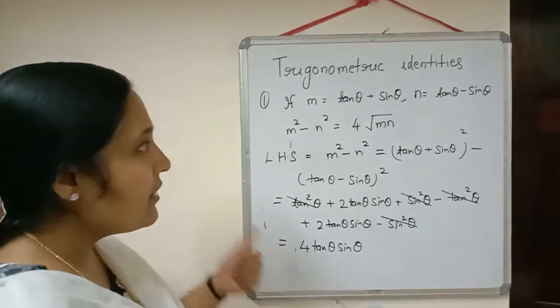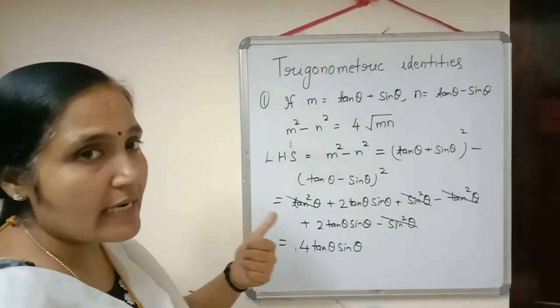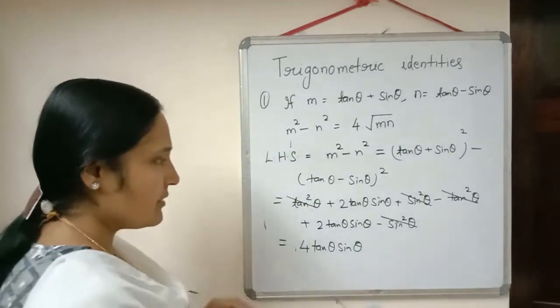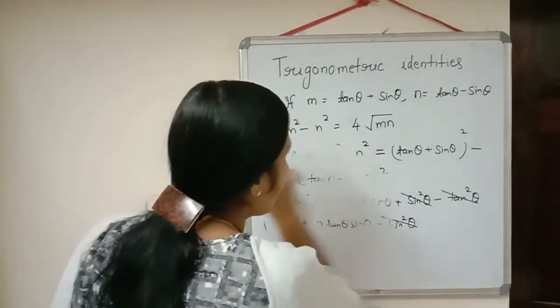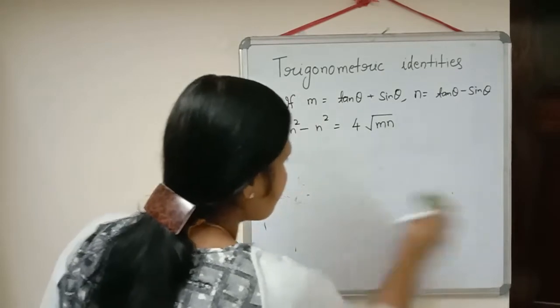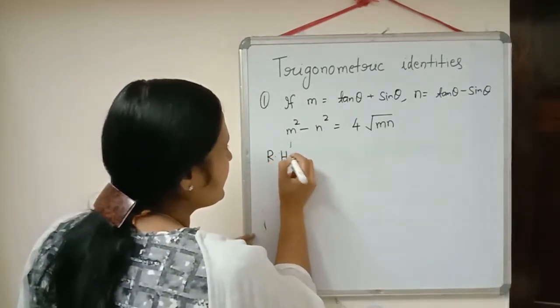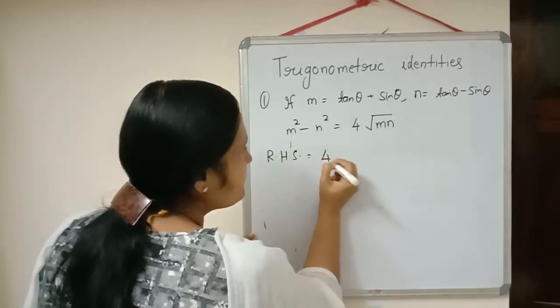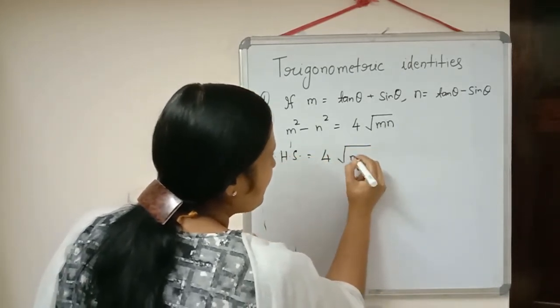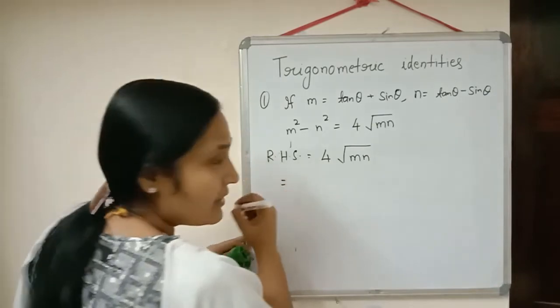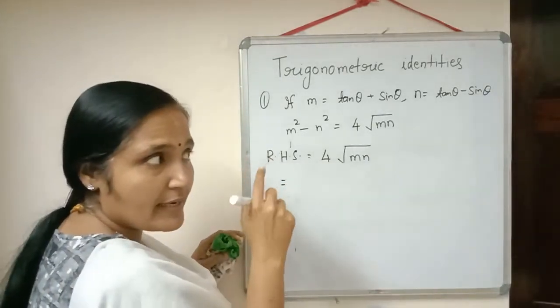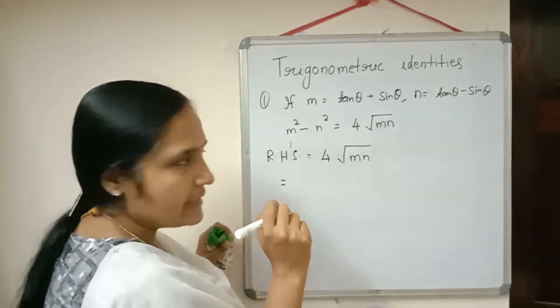Now we will check whether on the right hand side also we are getting the same thing or not. So just write down now the right hand side. What we have in the right hand side, already 4 is written there. So 4 we got. Now root mn. 4 we wrote in the left hand side also, we are getting 4 tan theta into sin theta.